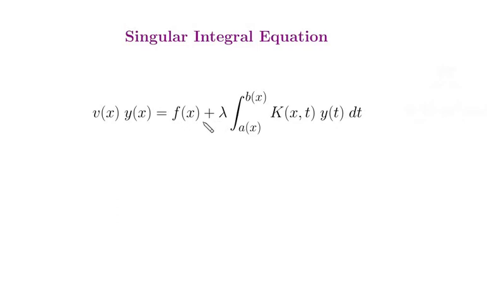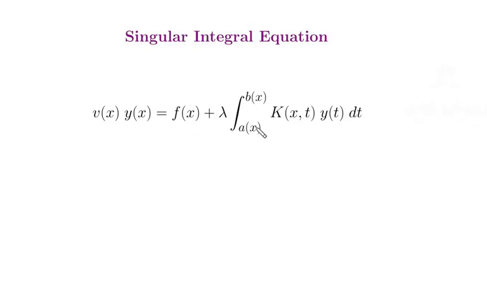The next classification is the singular integral equation. For this classification, what we need is either the lower limit or upper limit is infinite, or the kernel becomes infinite inside or at some point in the domain.